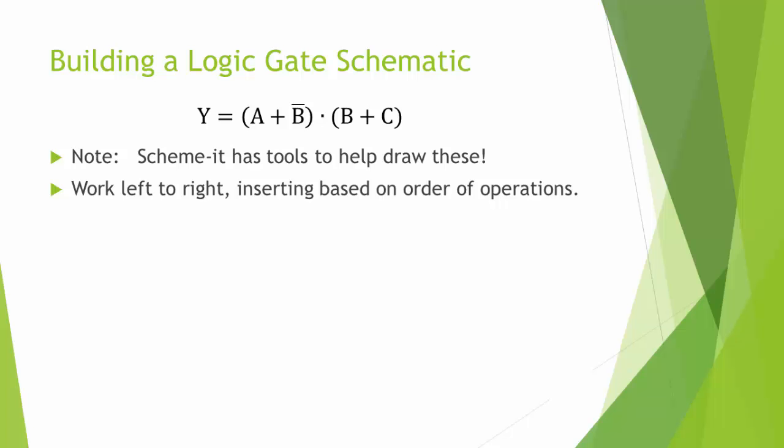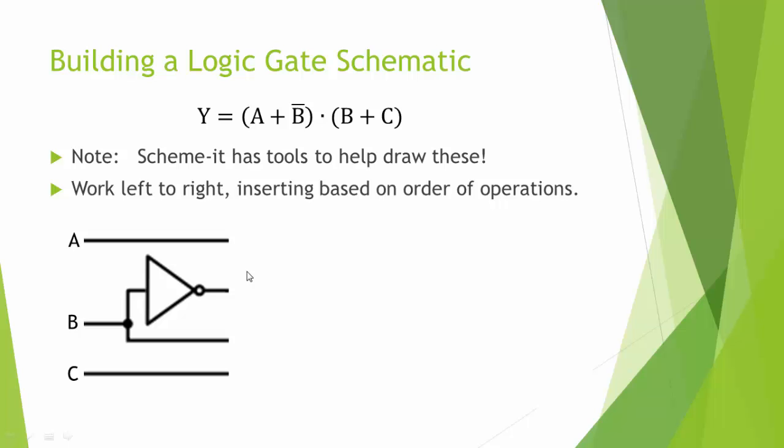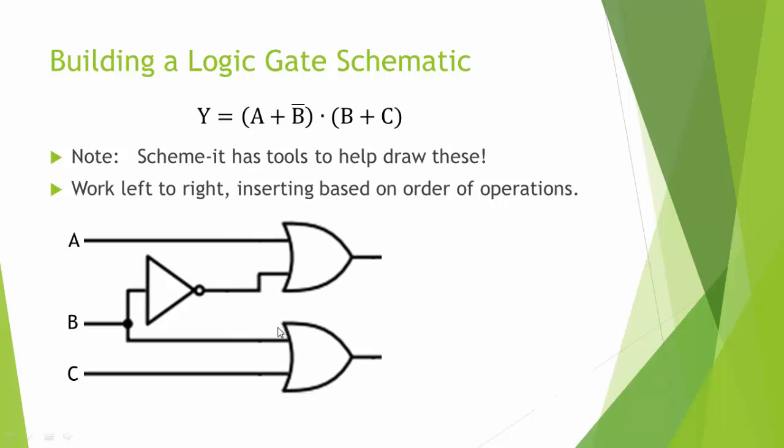So what you can do is work left to right, and insert the gates based on the order of operations. So we know that NOT goes first. The first thing that we do is recognize we're going to need B twice, so we're going to branch it. We create a NOT gate here, so we now have the input of NOT B, but we're going to need B as well for this other term, so we branch it first. So NOT B is in place.